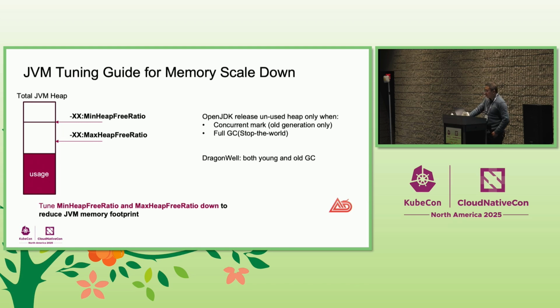During memory scaling down, the parameters to tune are the min and max heap free ratios. The default settings from OpenJDK are often too large for in-place pod resizing, so maybe you can try to tune them down. It is worth noticing that OpenJDK releases unused heap memory back to the OS only during the concurrent mark phases and the full GC phases.